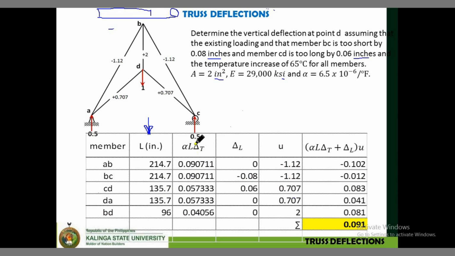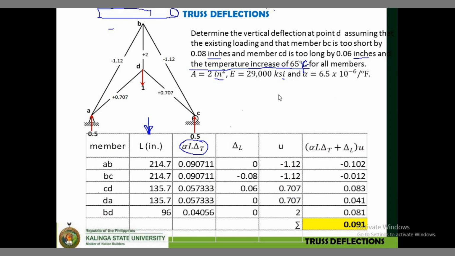Then, for the third column, I considered now the change in temperature. Now, if you try to read the problem, mayroon statement dito na sabi is, the temperature increase of 65 degrees, this should be Fahrenheit. 65 degrees Fahrenheit.